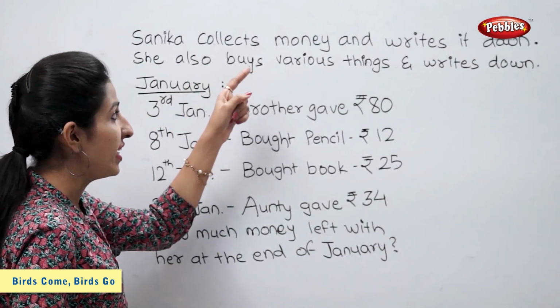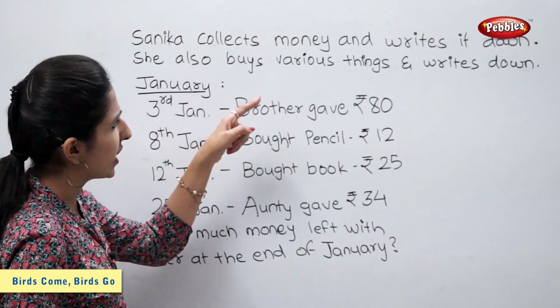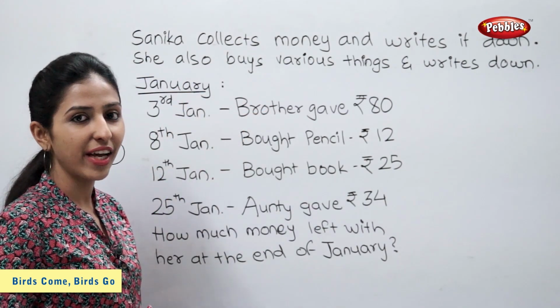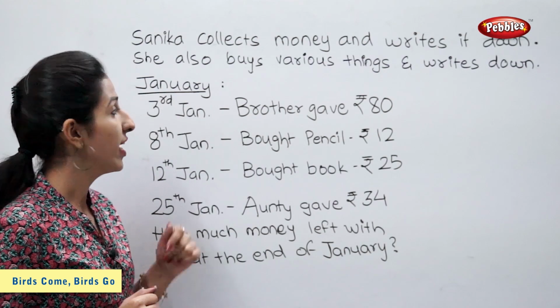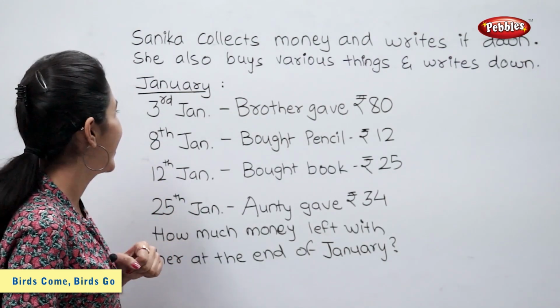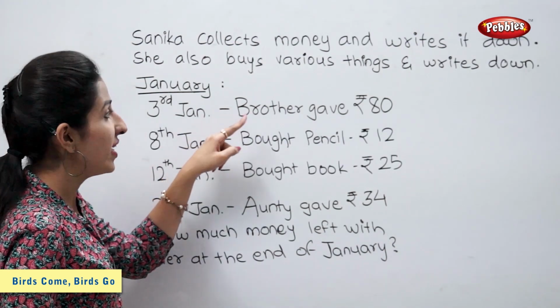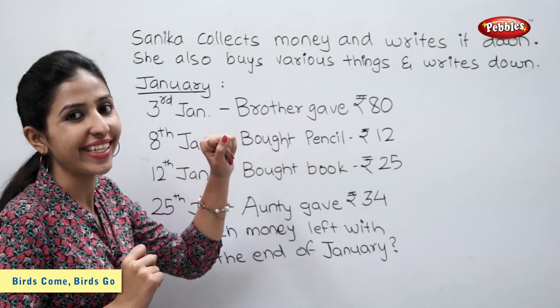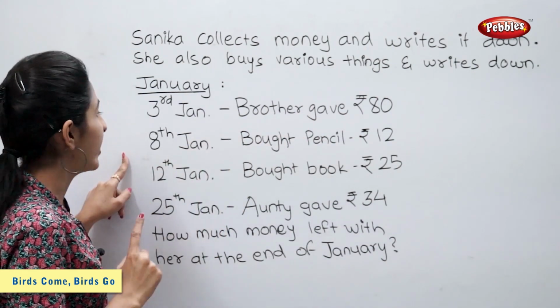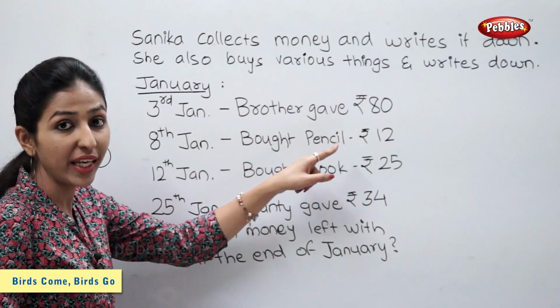Sanika collects money and writes it down. She also buys various things and writes it down. Now let us see in the month of January what she did. On 3rd January, her brother gave rupees 80. On 8th January, she bought a pencil for rupees 12.